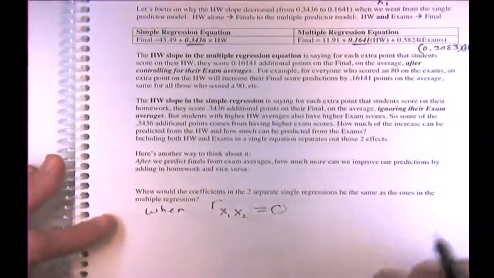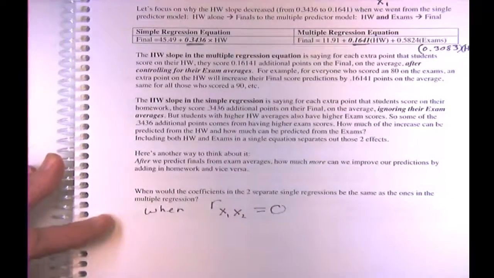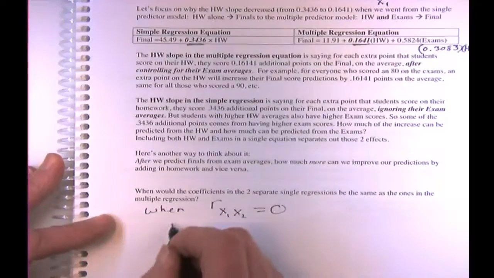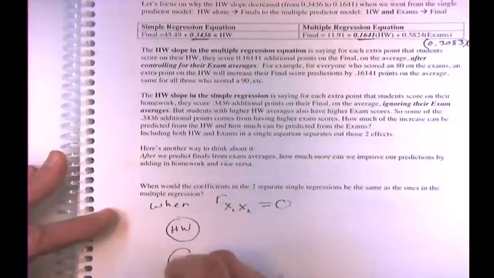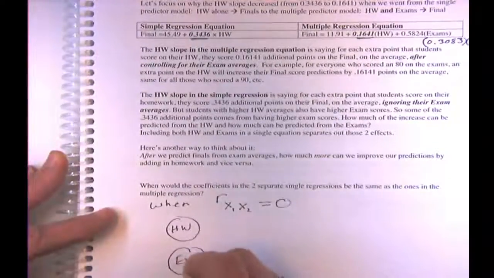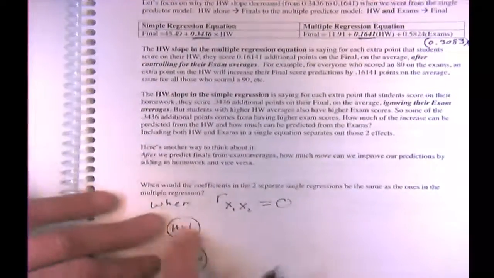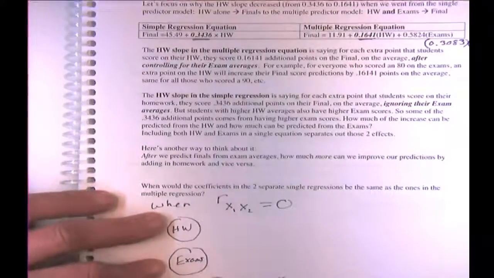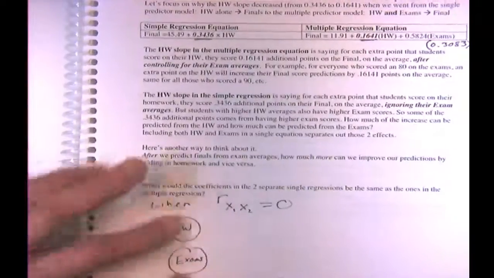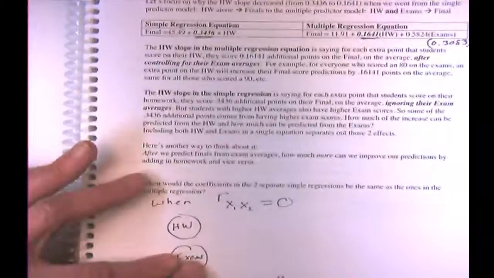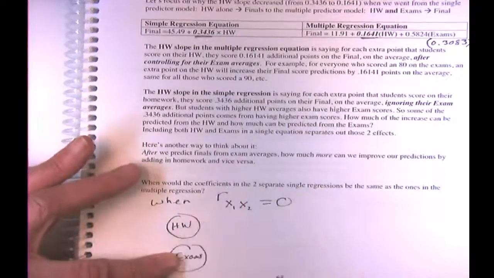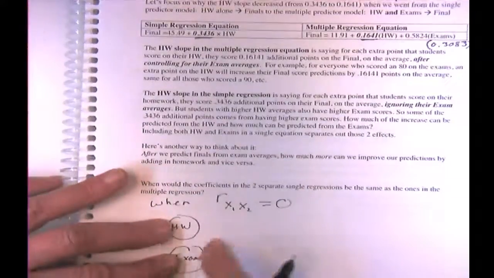Then you could have this picture. I don't know if this picture helps you. It's just a sort of intuitive picture. And then you would have, for example, homework and exams. This is the explanatory or the predictive value of these two, and they're not correlated with each other at all. They have nothing to do with each other, like the grader and the homework. That would be a better example, because these do have a correlation.